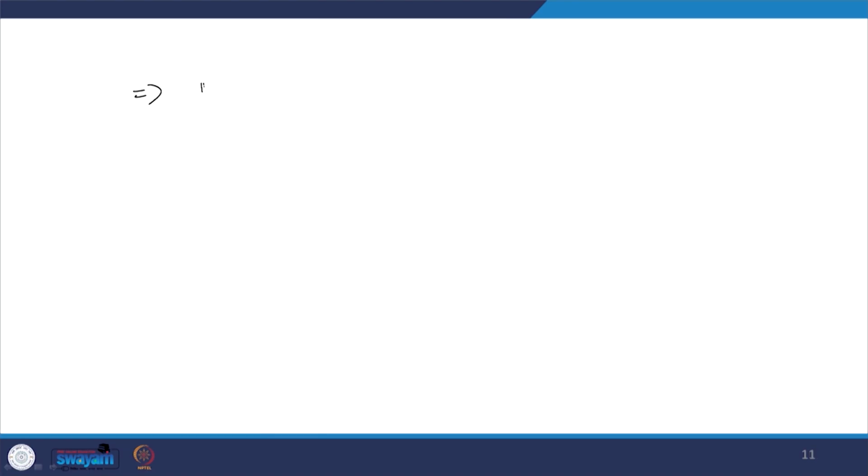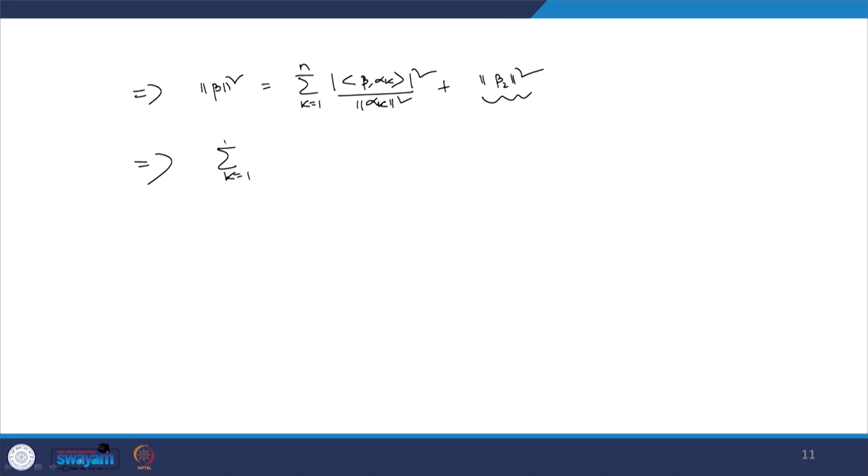This implies norm of beta squared is equal to the sum of inner product of beta and alpha k squared by norm of alpha k squared, k equal to 1 to n, plus norm of beta 2 squared. So, this quantity is a positive quantity. So, this implies the sum over k equal to 1 to n of mod of inner product of beta and alpha k squared by norm of alpha k squared will be less than or equal to norm of beta squared.